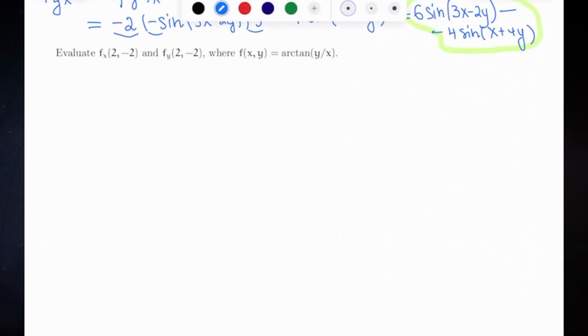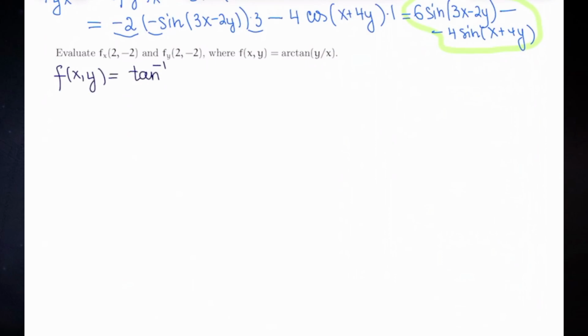Let me go ahead and rewrite this function a little bit: tangent inverse of y over x. Then it says compute the following: df dx evaluated at the point (2, -2), and also df dy evaluated at the point (2, -2). Same point, right?